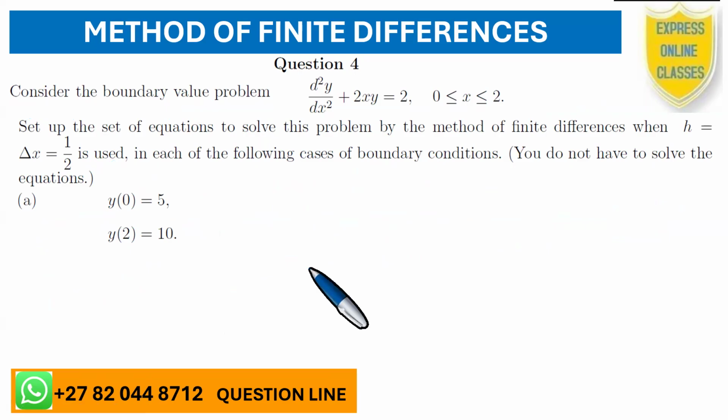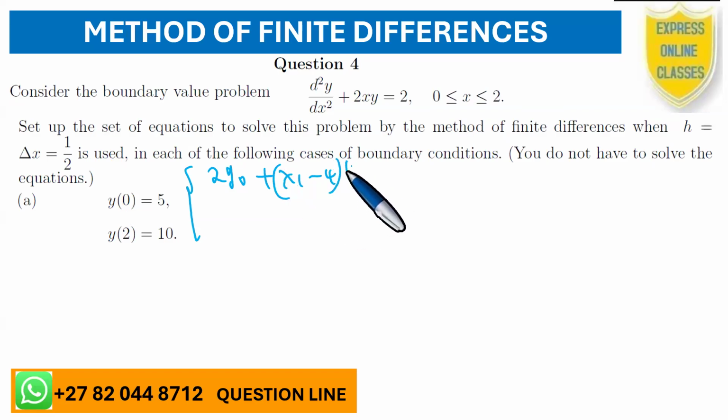I would like us to continue from the previous analysis. We got 2y0 minus 4, 2y2 equals 1.